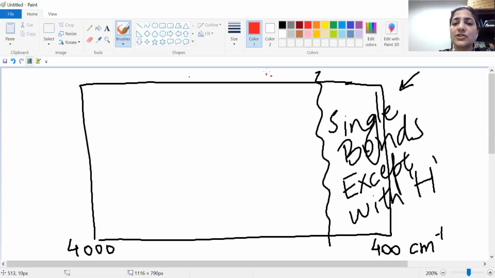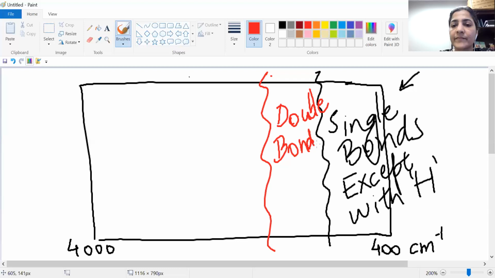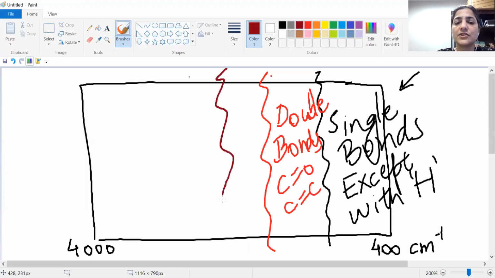The next region are double bonds. For example, C double bond O, C double bond C. The next region is for triple bonds. C triple bonded C, C triple bonded N, and so on and so forth.